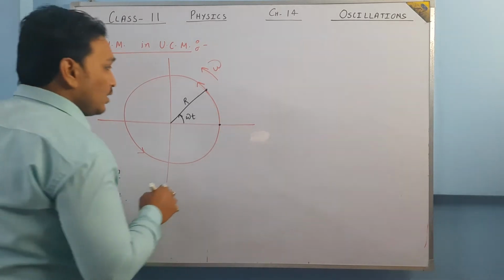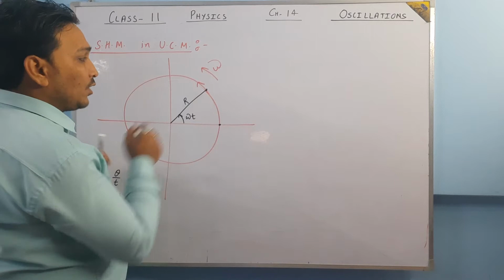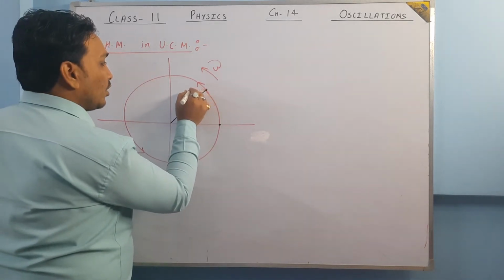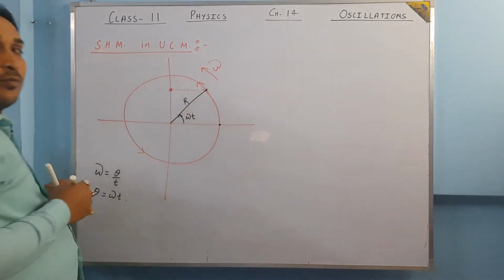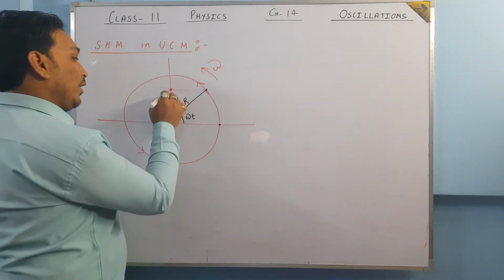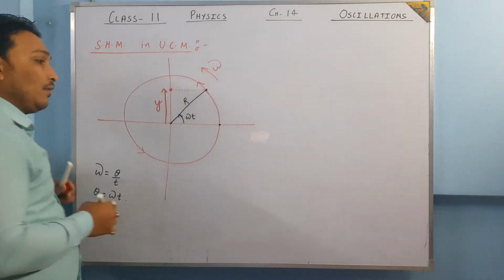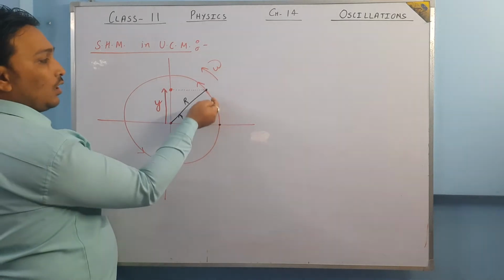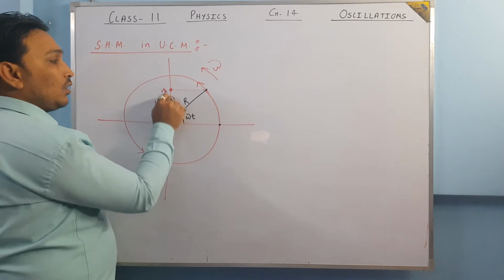What I'm going to do is take the projection of this point, its position, on the y-axis. From the origin to this point, let us define this height as y. As the particle goes upside, this projection also goes upside.